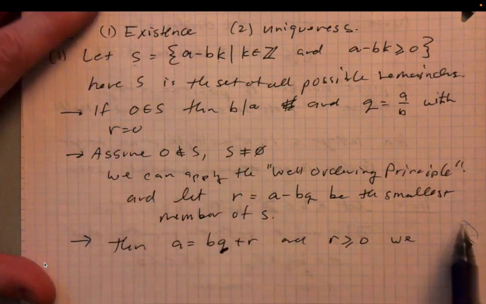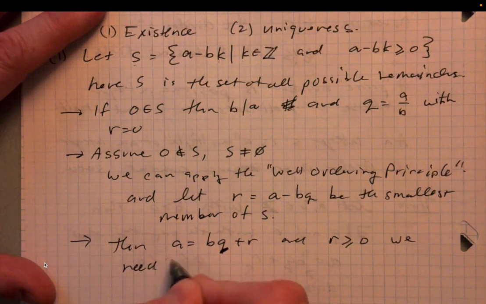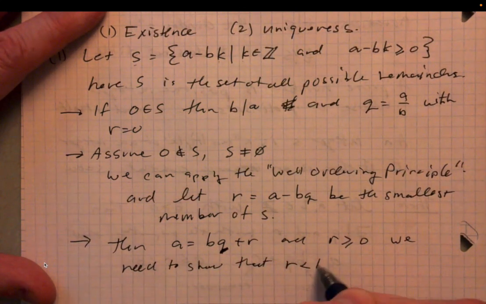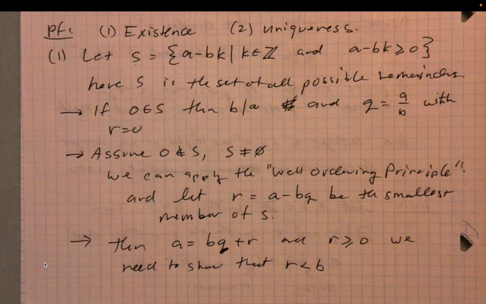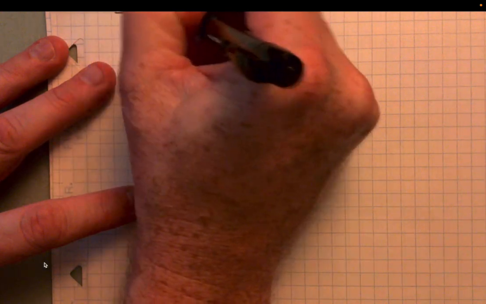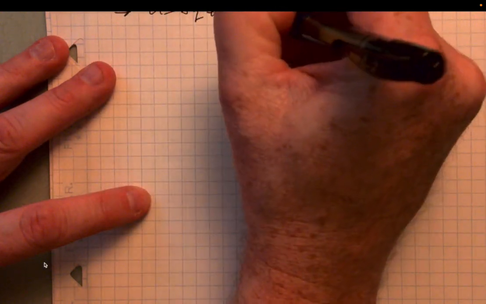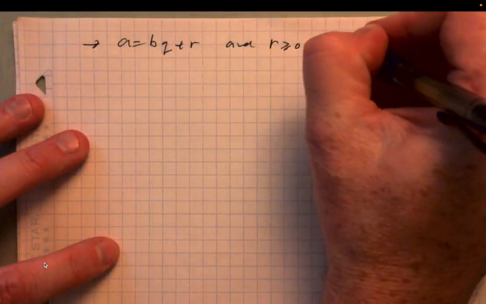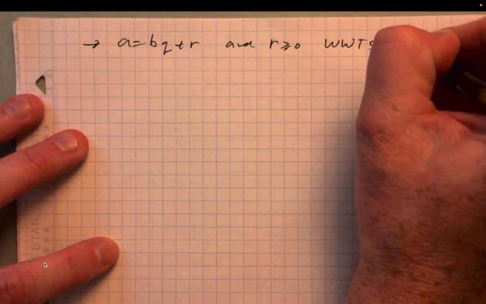Well, to show existence, we need to show that R is less than B. Okay, we need to show that R is less than B. So we wish to show that R is less than B.